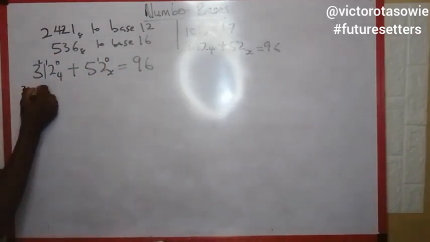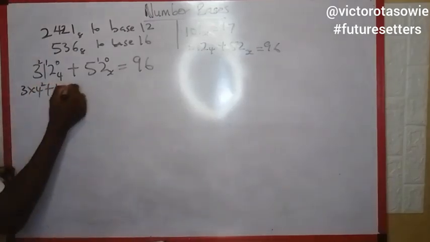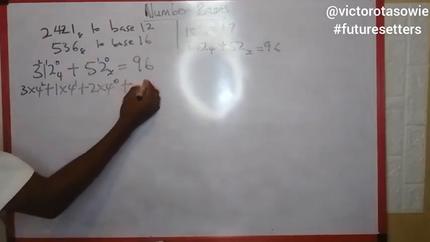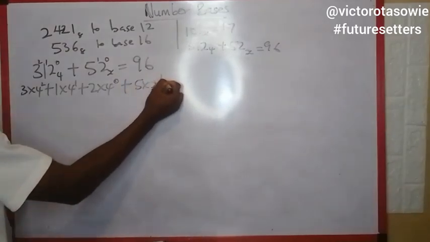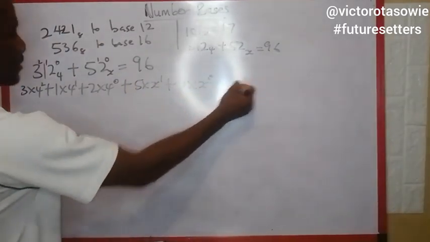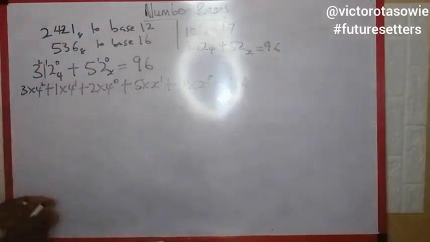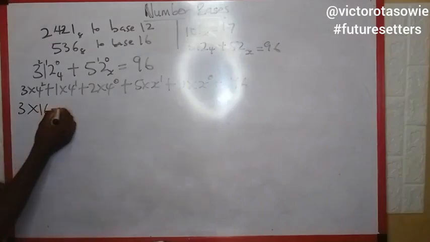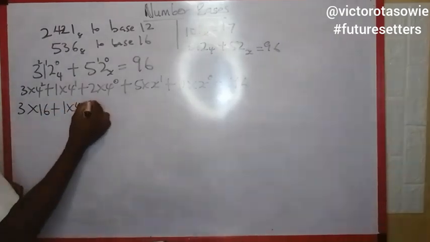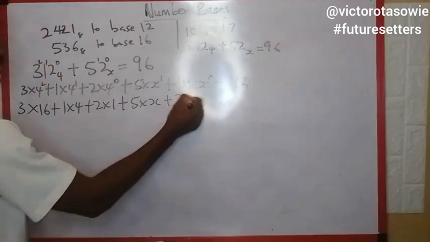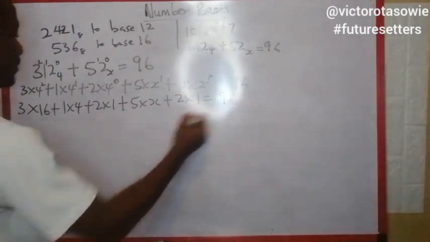So that's 3 times 4 raised to power 2 plus 1 times 4 raised to power 1 plus 2 times 4 raised to power 0 plus 5 times x raised to power 1 plus 2 times x raised to power 0 equal to 96. So the next step, we have 3 times 4 times 4 is 16, plus 1 times 4, plus 2 times 1, plus 5 times x, plus 2 times 1 equal to 96.